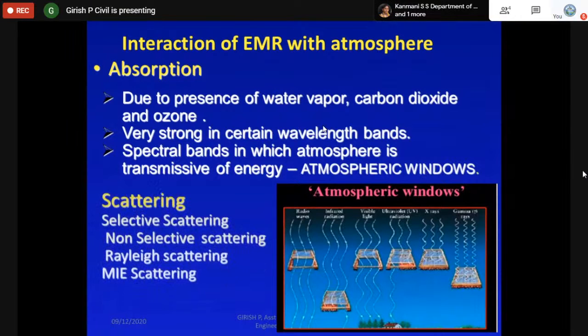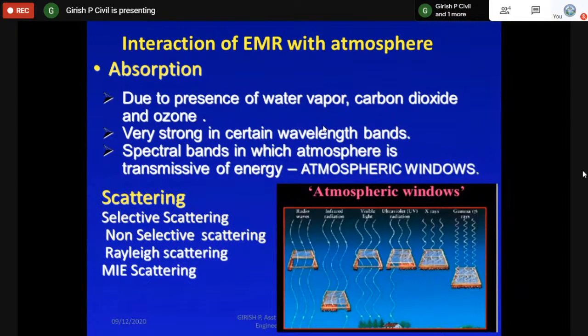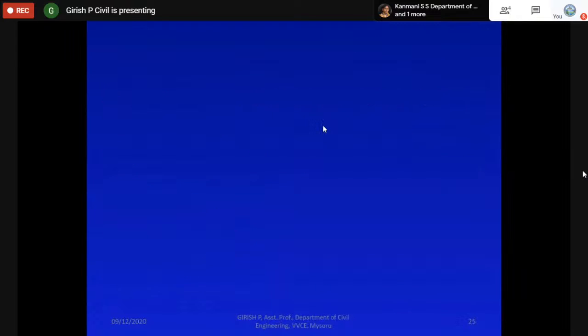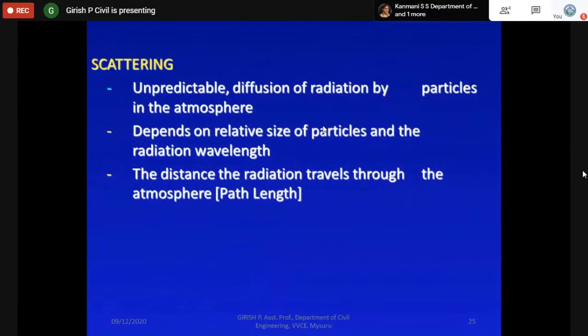Second, another important interaction of electromagnetic radiation with the atmosphere is scattering. Scattering plays a very important role, particularly in radiation spectrum study. There are different types of scattering: selective scattering, non-selective scattering, Rayleigh scattering, and Mie scattering.